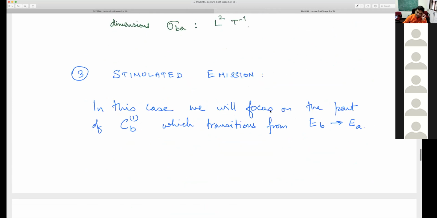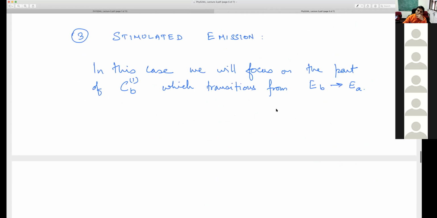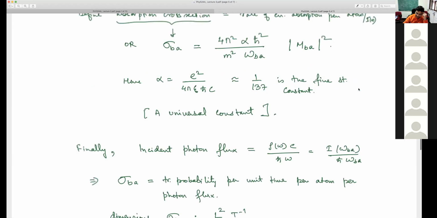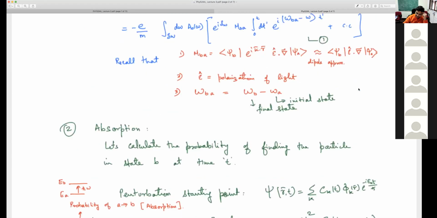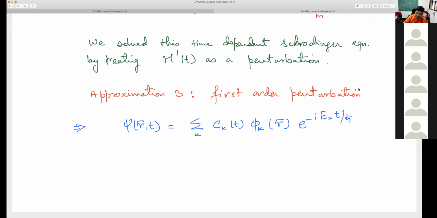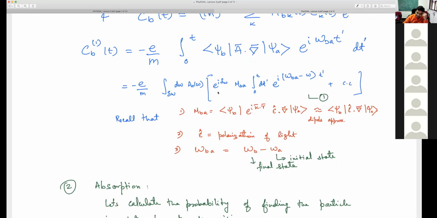So let's talk about stimulated emission. In this case, we will focus on the second part of the solution of CB1, which involves transitions from EB to EA. If you remember, going back to our solutions, the first part of the solution we used in absorption was this omega BA minus omega.